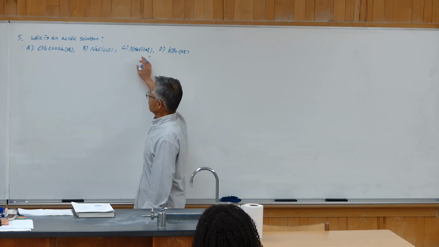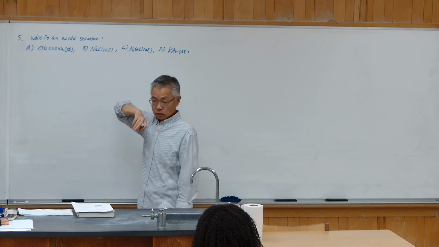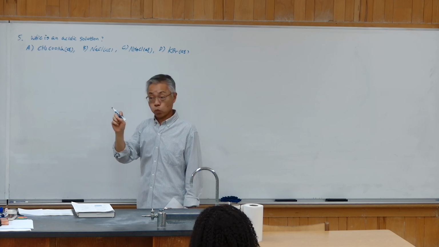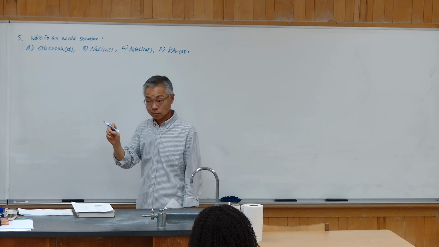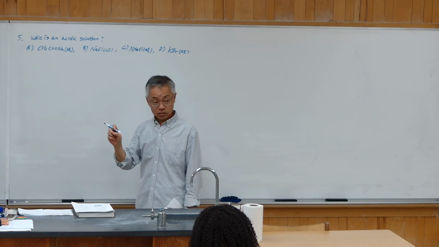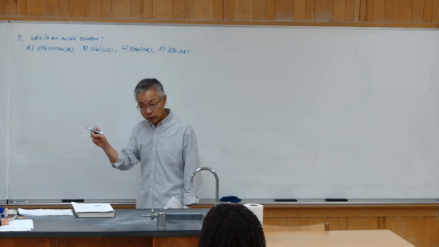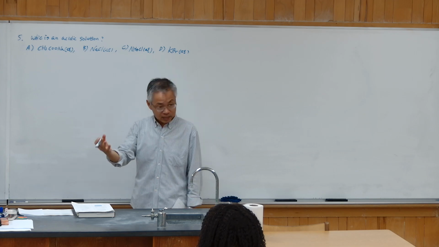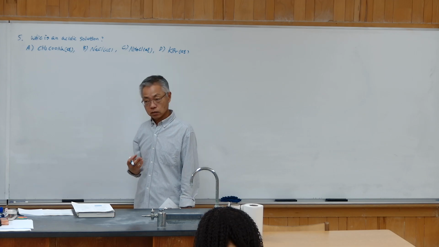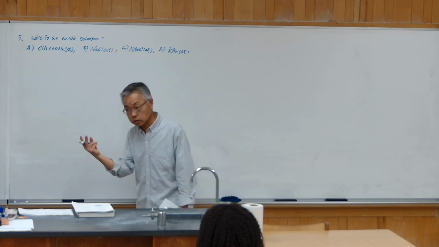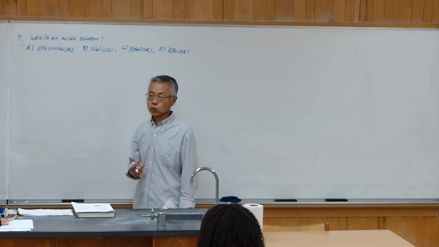If a salt gives an acidic solution, that means this salt comes from a strong acid reacting with a weak base. Right? This is an acidic solution. If this salt comes from a weak acid reacting with a strong base, that will be a basic solution. If this salt comes from a strong acid reacting with a strong base, then this is neutral.